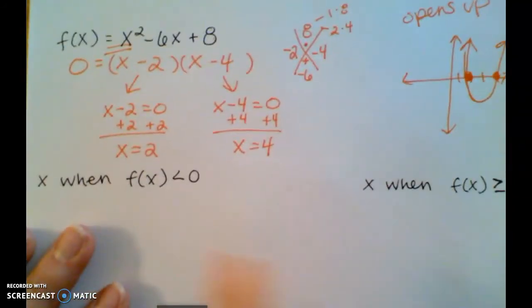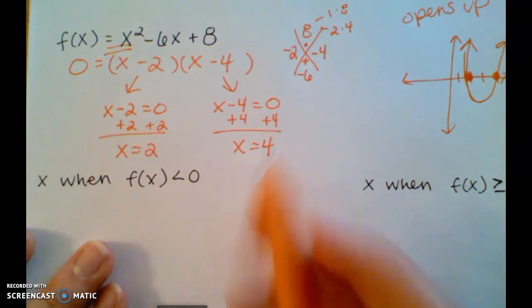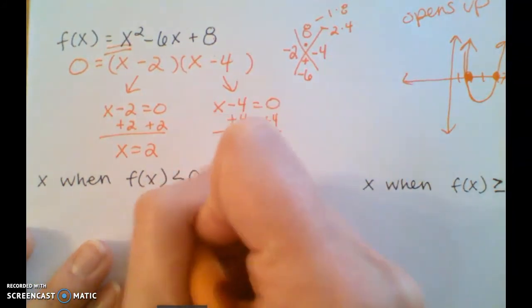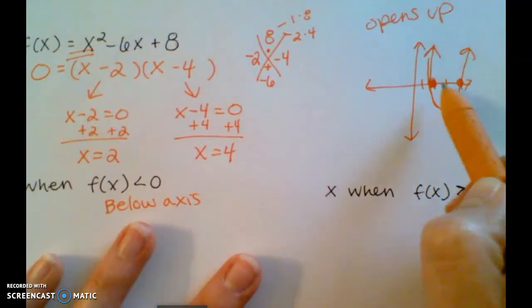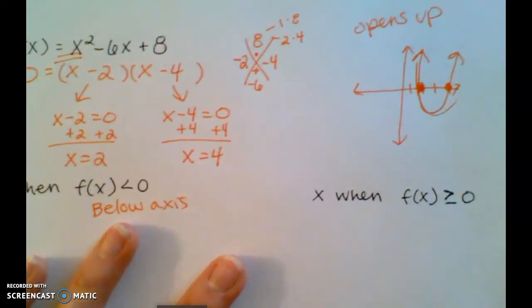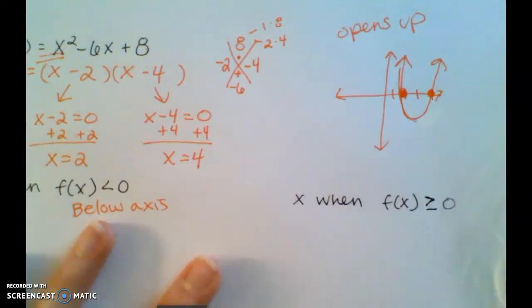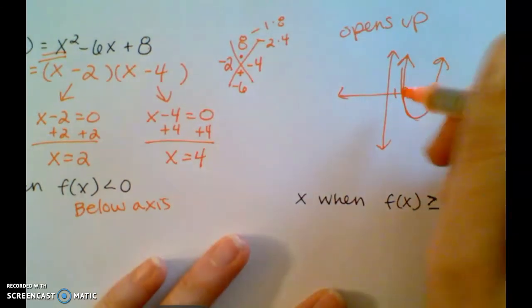First one, we want to know the values of x when f of x is less than 0. That means, where is it below the axis? So less than 0 is going to be from here to here. So we want this section.